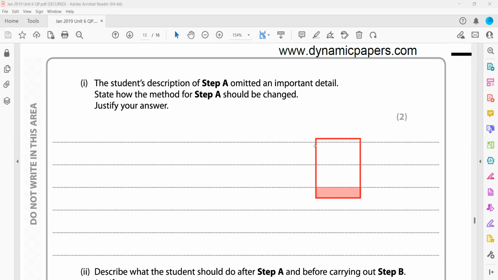Otherwise, if I take a very large quantity of hot solvent, all the solid will dissolve and it will not crystallize. And the second reason is so that when we do crystallization, the maximum amount will crystallize.